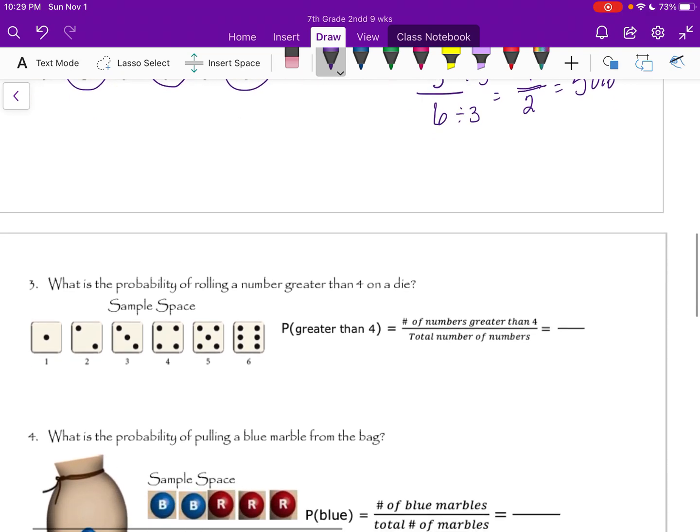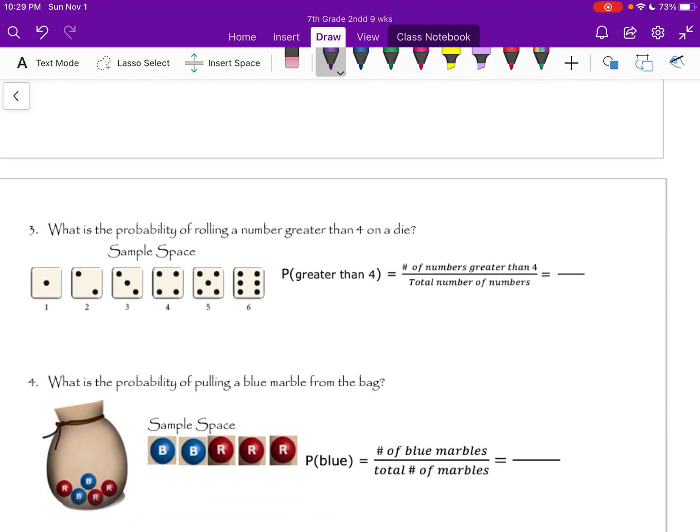All right, our third question is, what is the probability of rolling a number greater than 4 on a die? Same sample space, 1, 2, 3, 4, 5, 6. That's the only things that can happen when we roll the die. We need the numbers that are greater than 4 over the total number of numbers.